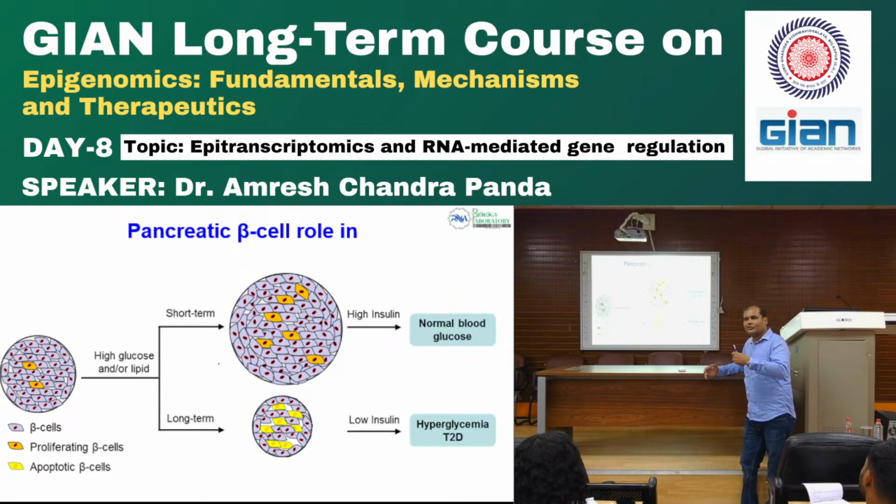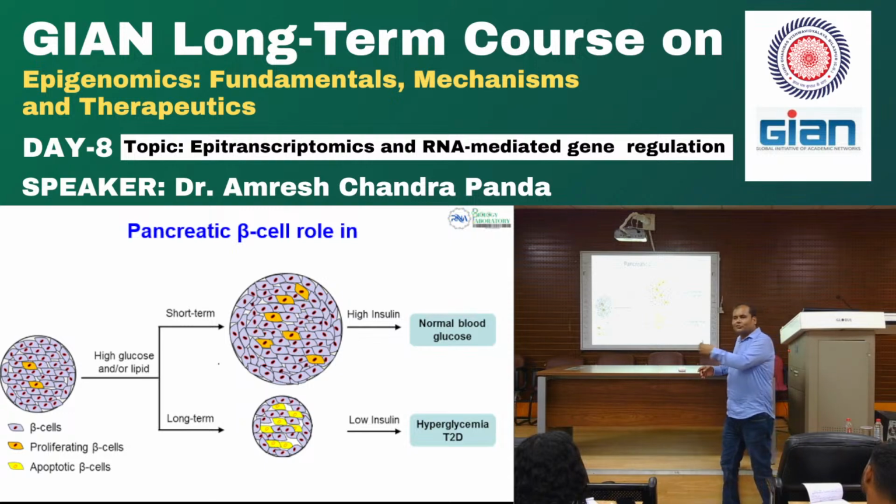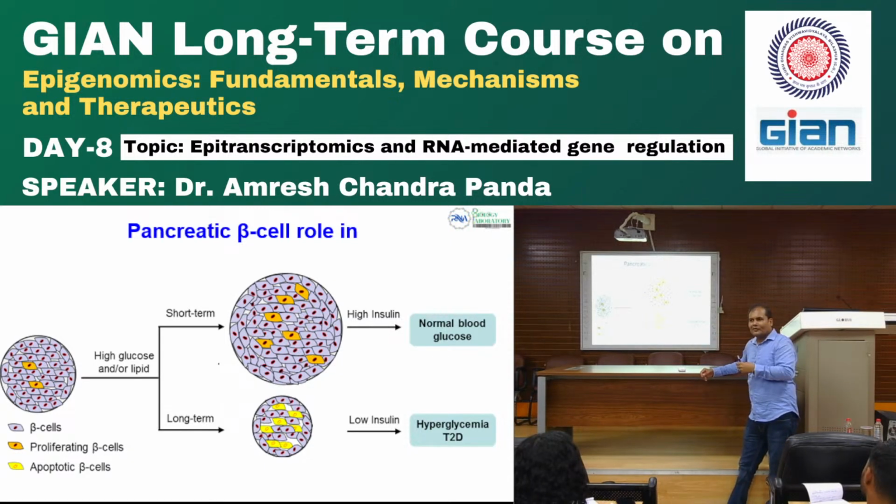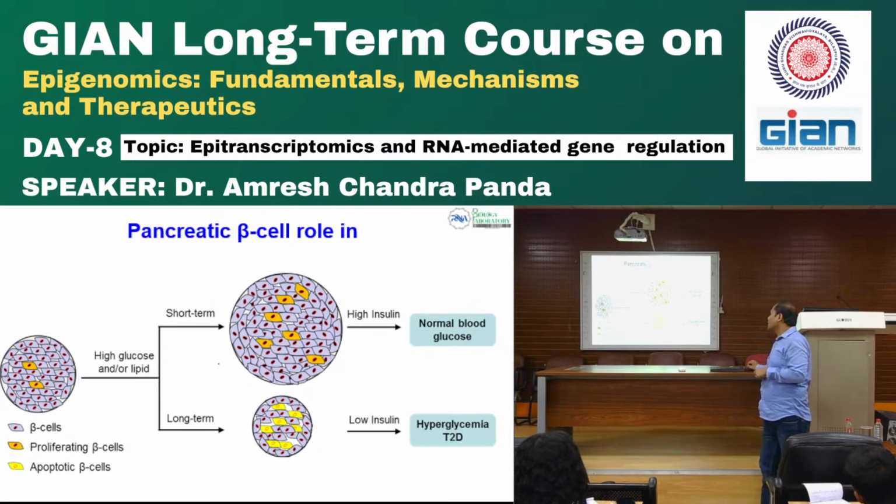You can go for exercise for half an hour and then rest, then do work, then maybe in the evening you can go to the gym, but you cannot run all the time. So if you make the beta cells run continuously for a long time, they will be sick, they will die, they will go into apoptosis. So you will not have enough beta cells to produce insulin, and that will lead to diabetes, right?